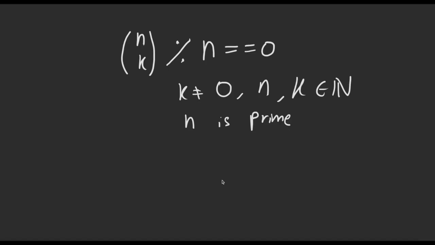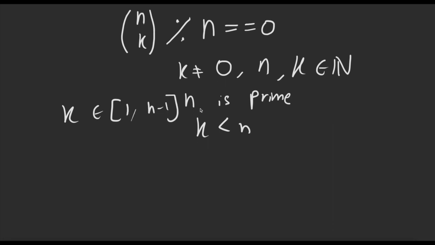Okay, so here is the question, and now this is more of a coding notation where the remainder of n choose k with respect to n is equal to 0, and as you can see over here that k is not equal to 0 or n, and k is a natural number within 1 and n minus 1, right?